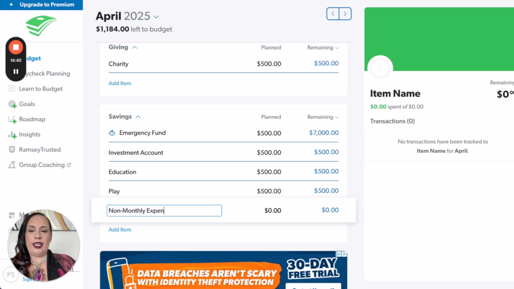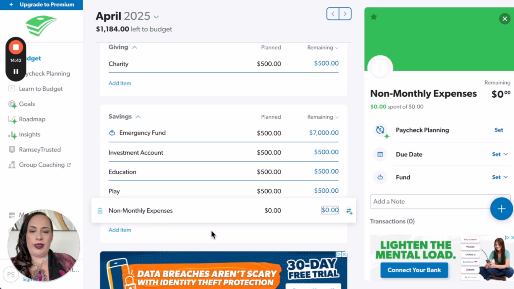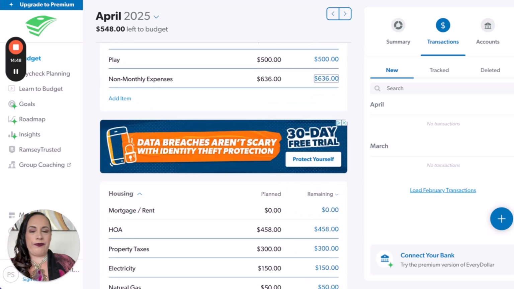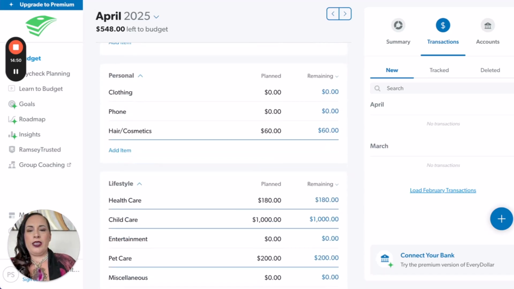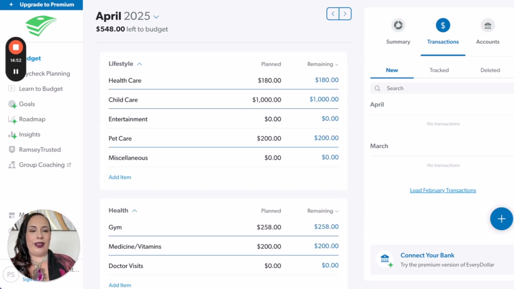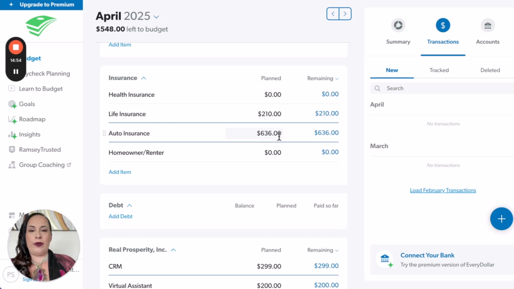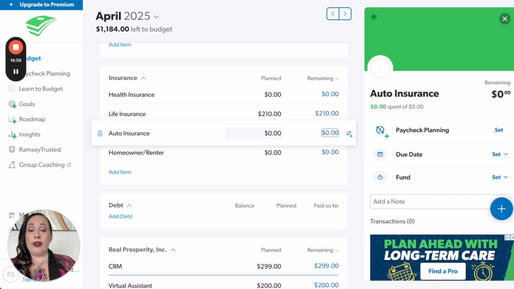And if I do this, then this should just be the same every month until I change it. And then that way I don't have to remember every month. So that is a better way to do that. All right. So I'm going to take that off of auto insurance, and I'm going to put 0, knowing that the auto insurance is taken care of in that non-monthly expenses account.